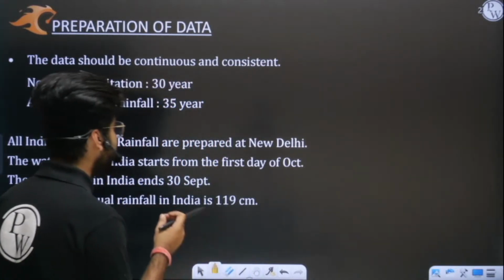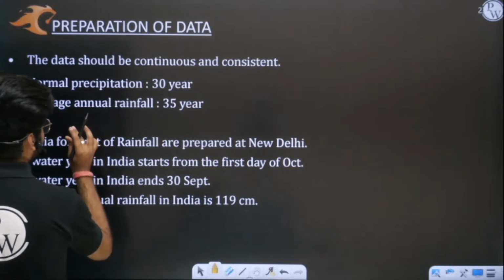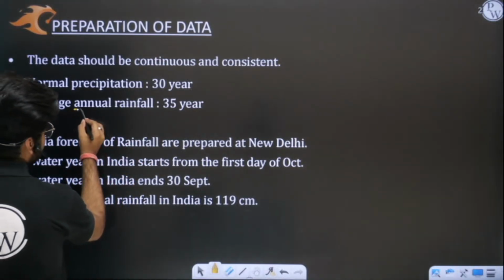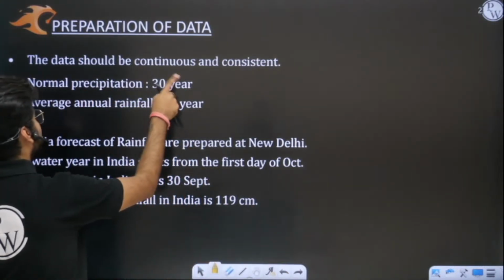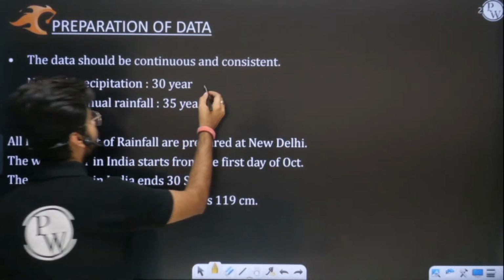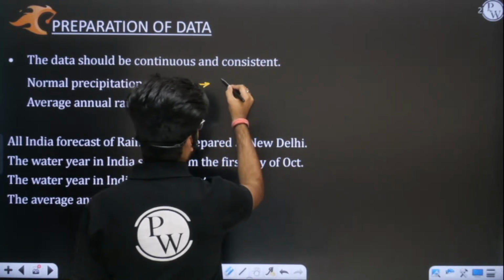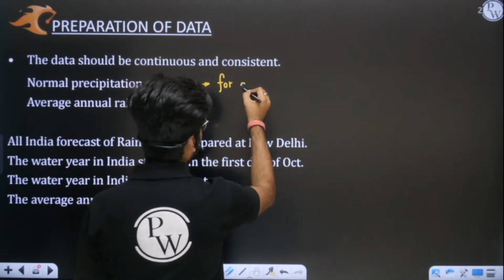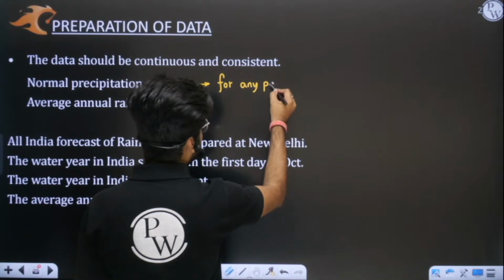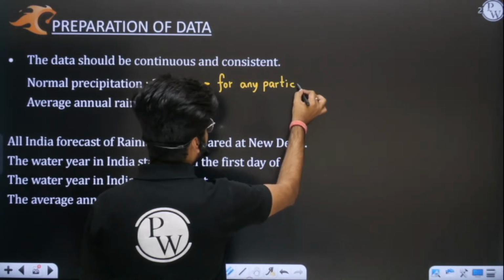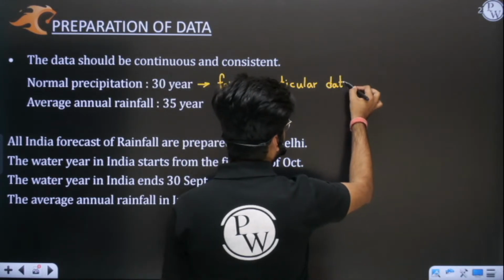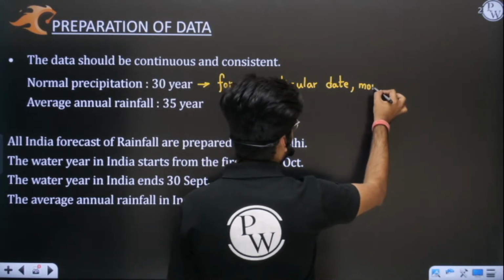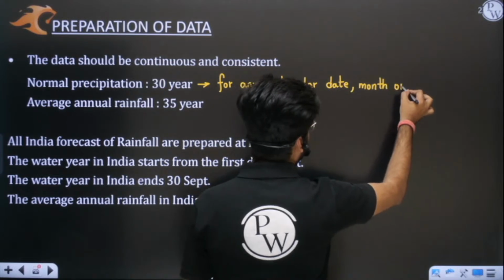One very big difference is that in the earlier case we only take the average of annual rainfall, but here we take the average for 30 years for any particular date, month, or year.